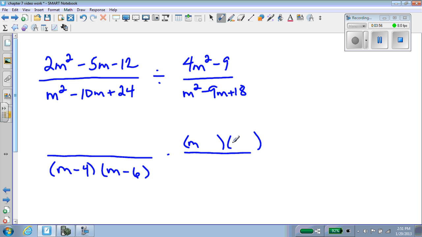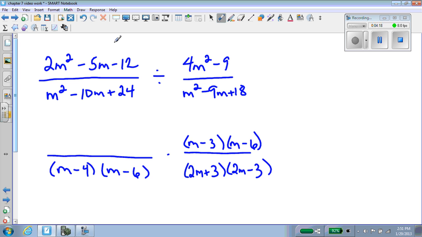So m and m, I think minus 3, minus 6. This numerator is going to be this denominator. It is a difference of two squares, so I get 2m plus 3 with 2m minus 3.